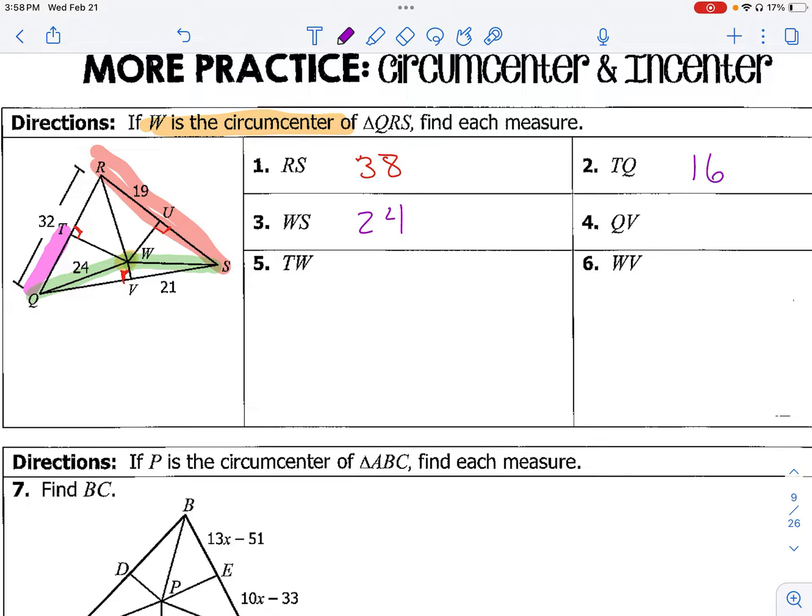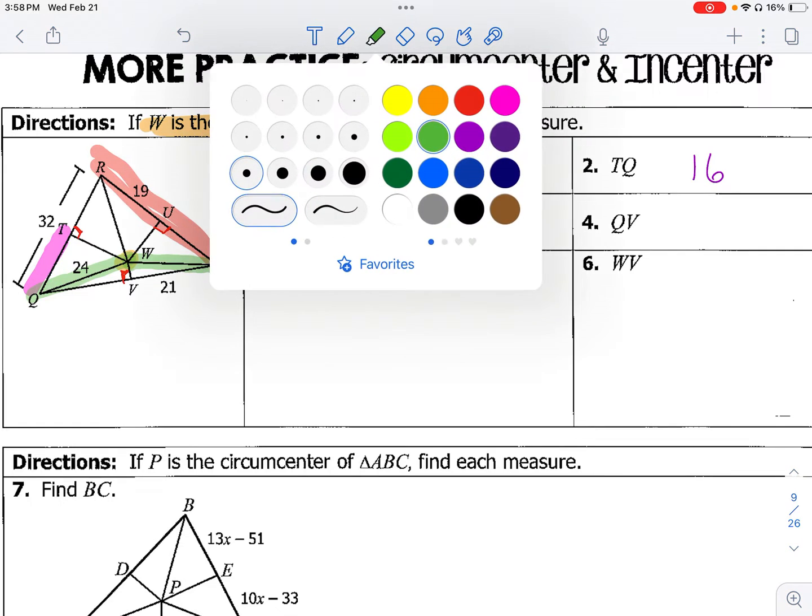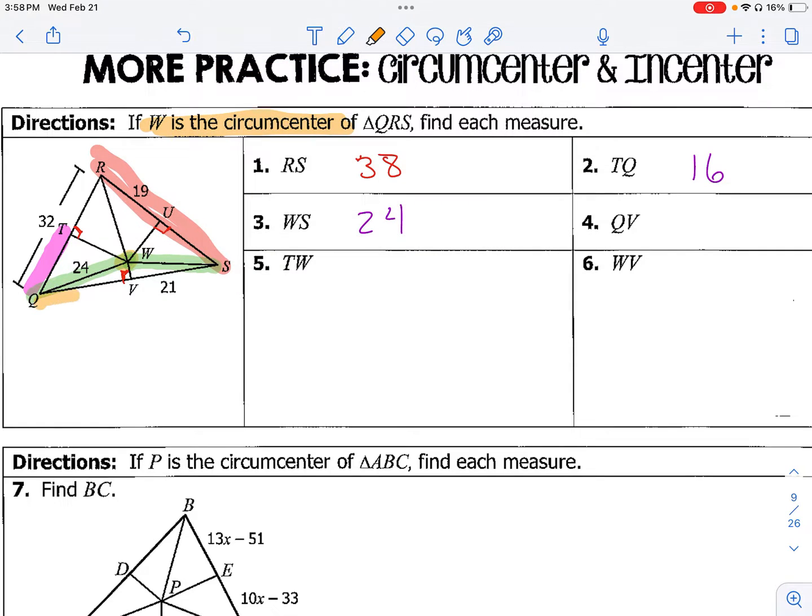RW will also be 24, but they're not asking us for that. So QV right here is going to be the same as VS, 21.